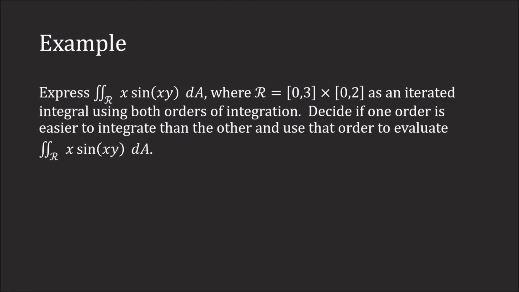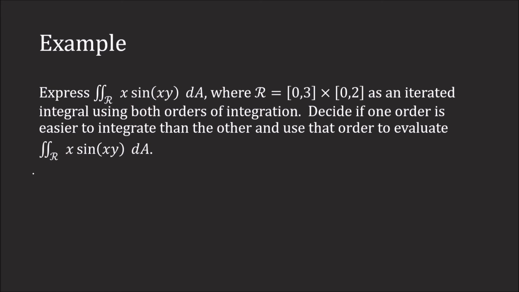For now, let's go ahead and take a look now at integrating x sine of xy over the rectangle 0, 3 cross 0, 2. So first express it as an iterated integral using both orders. Then we'll decide if one order is easier to integrate than the other and use that order to actually evaluate.